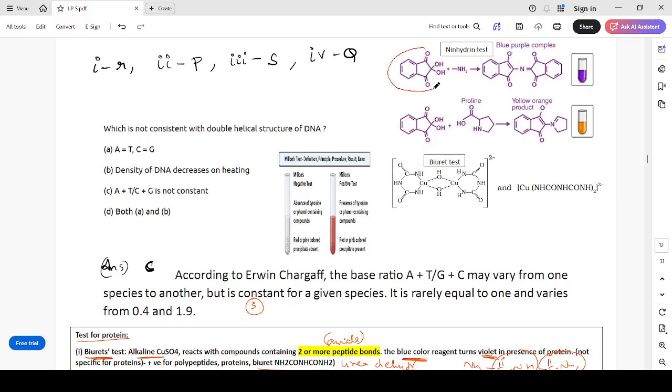So when I am treating this reagent with amine containing compounds, when 2 moles of it are participating, you can see it is forming this kind of a bond in between, which can give you a blue purple color. In which kind of an amine? The amine which is not involved in a cycle. If the amine is involved in a cyclic compound like proline, then it gives you a yellow orange product.